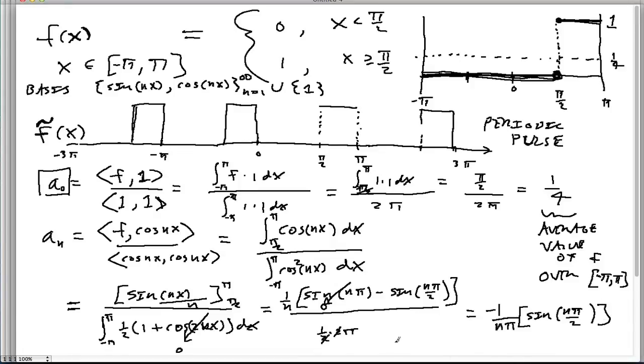So what does that look like? If you pick different values for n, we can see that if n is even, an is going to be 0, because even values always lead to multiples of pi, and sine will always be 0 there. But for odd values, it's going to alternate between 1 and -1.